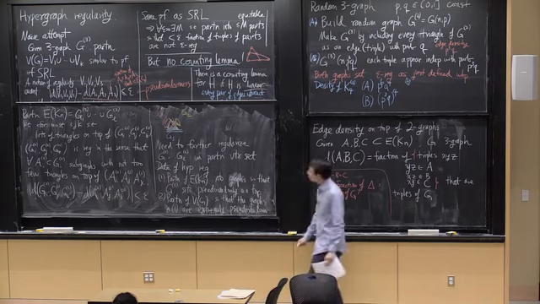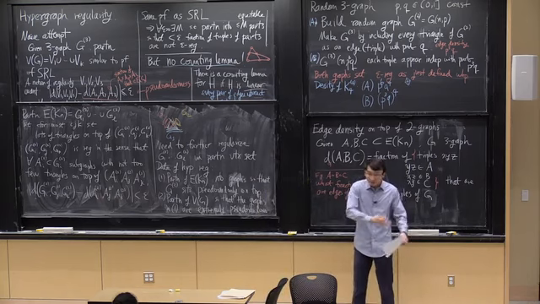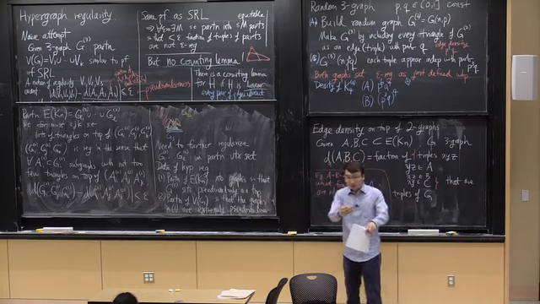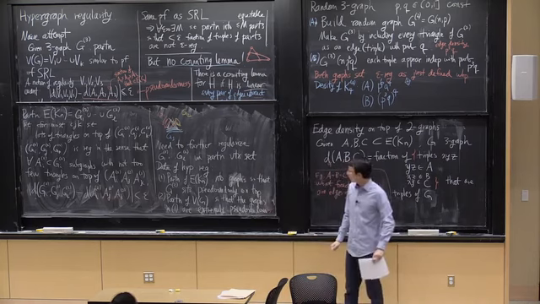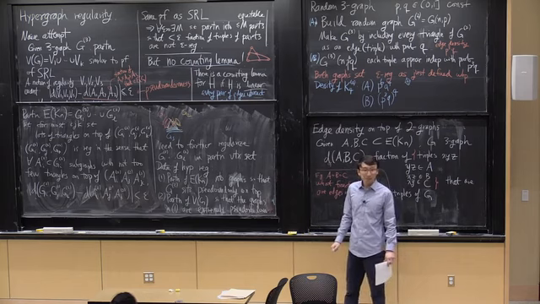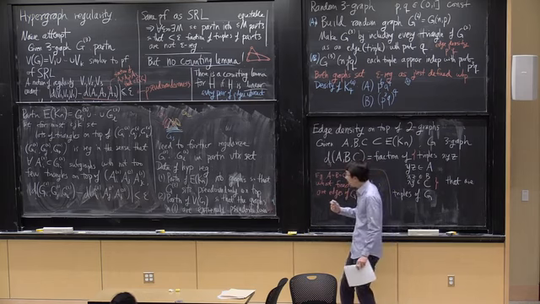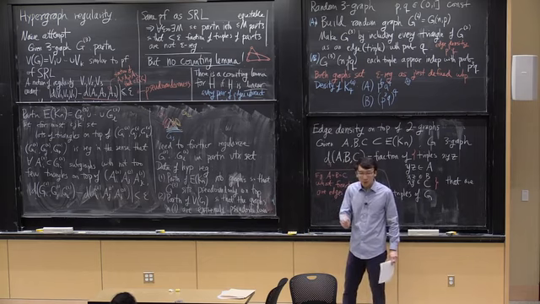And this idea of extremely random we saw in last lecture: you have a sequence of epsilons that depend on how many parts you have in the first step of the regularity. Okay, any questions?